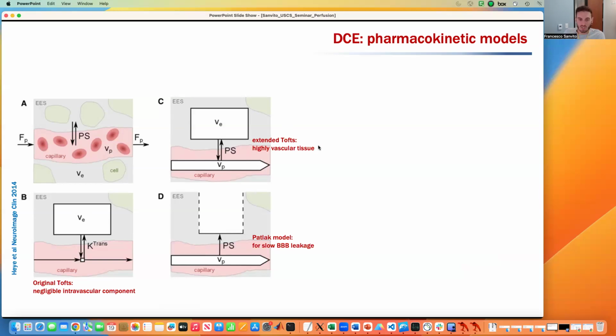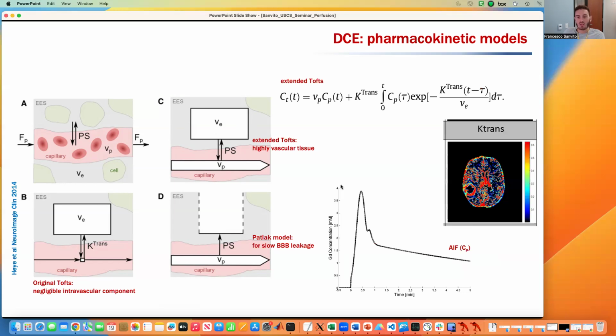Now, the extended Tofts that we talk about also has the vascular component. So it models VP, VE, Ktrans, Kep. This is a great model for brain tumors because it assumes a high degree of permeability, so a high constant of efflux from the intravascular to the extravascular space.